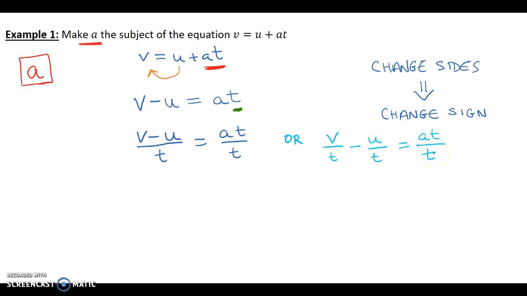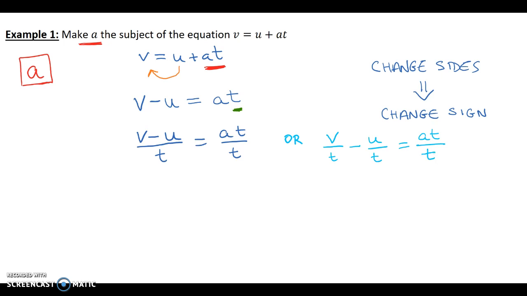Okay? These two versions of the equation mean exactly the same thing. Sometimes we may want to do it like the version on the left. Sometimes we may want to do it as the version on the right. And we'll see different examples later on of when one method might be preferable to another.